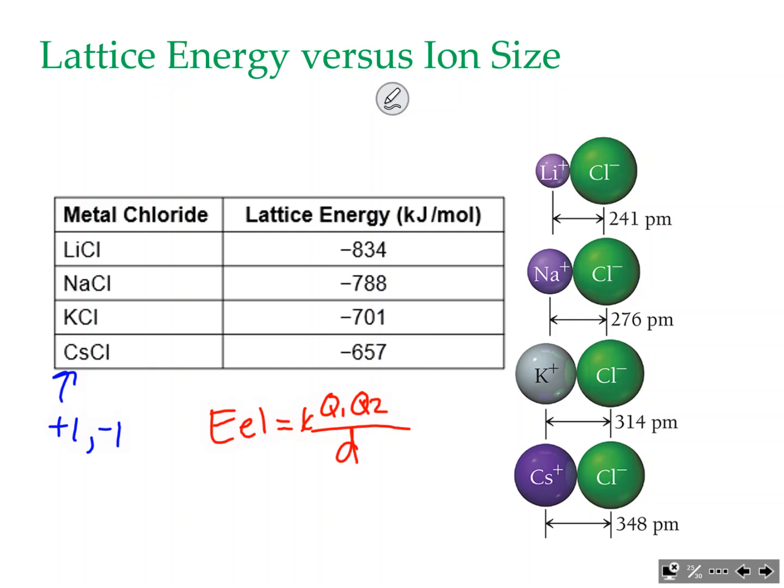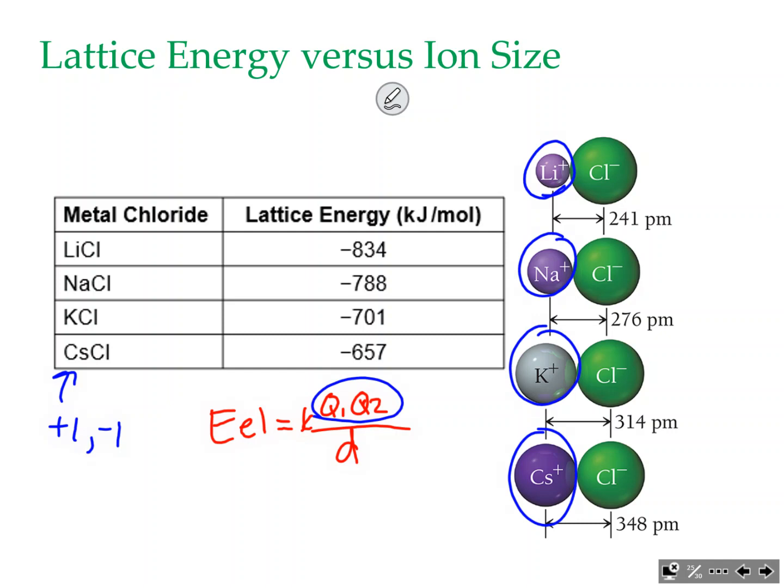They're all alkali metals with chloride. So the Q1 Q2 arrangement is going to be the same for all of these examples. What is different, though, is the different sizes: lithium versus sodium versus potassium versus cesium.